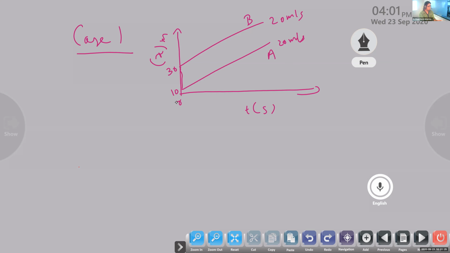If you draw it, there are two roads: this is bus A, this is bus B. This one is moving at 20 meters per second, and this one is also moving at 20 meters per second. It has traveled 30 meters, so at some time it must have started.